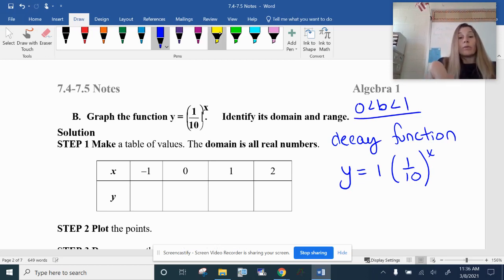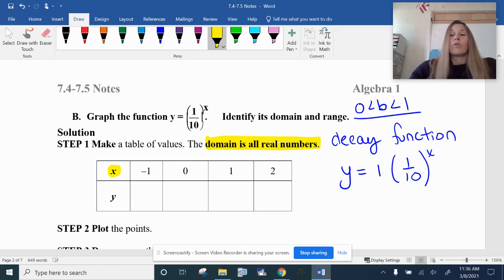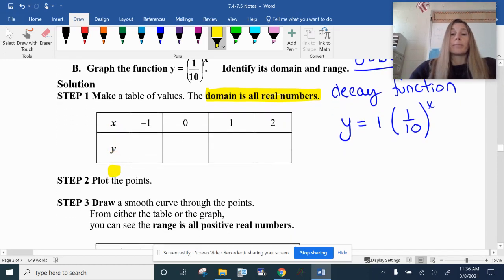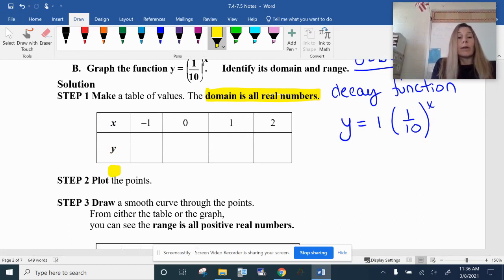So again, the domain is still all real numbers, meaning we can substitute anything we want in for that x. To make things simple, we usually stick with -1, 0, and 1, and then maybe 2 or -2. Just small numbers close to 0 make it a little bit easier to work with.